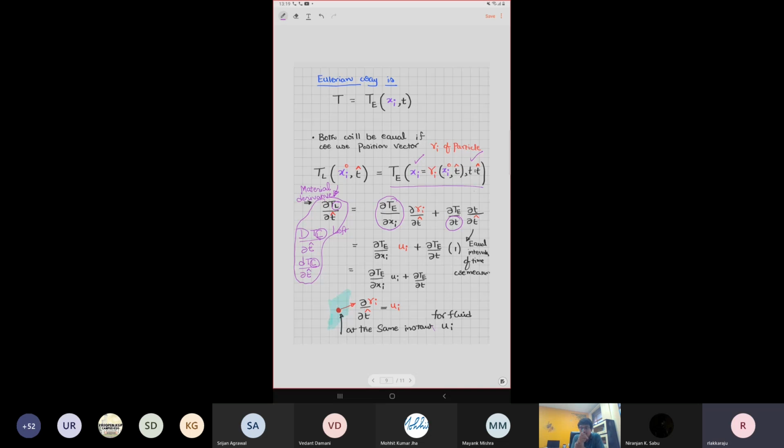How the temperature changes at this position, and the complete change in that position of that temperature, so dxi by dt cap. Clear?